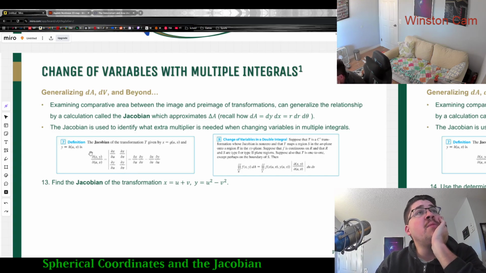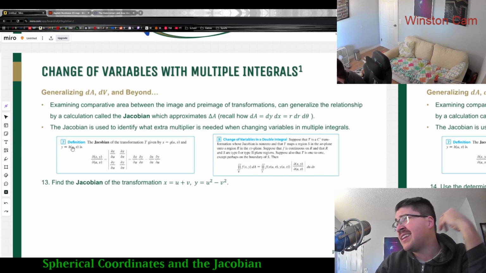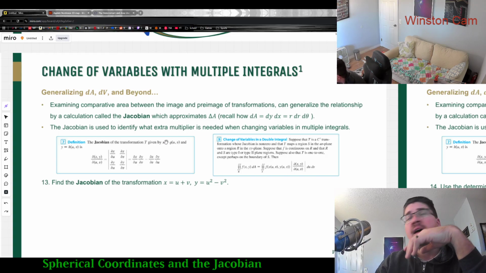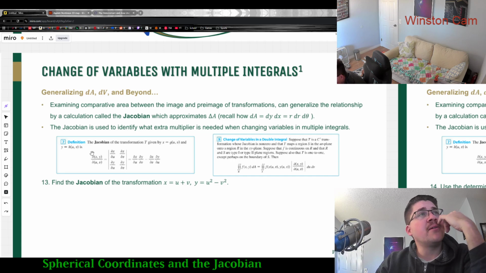It says the Jacobian of transformation T, given by x = g(u, v) and y = h(u, v), is, like in the last example, where x and y are any transformation in terms of u and v, the partial of x and y with respect to u and v.